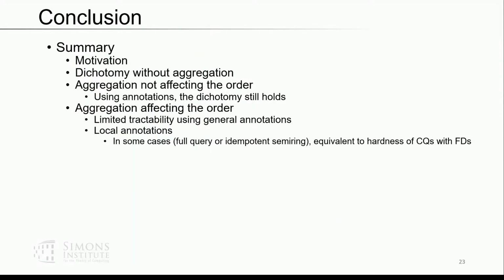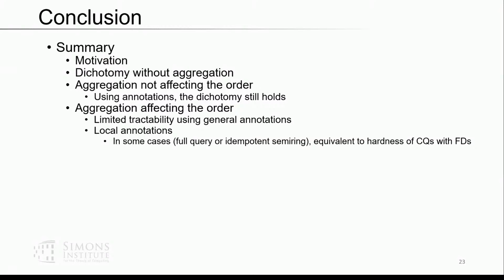Okay, so to conclude, I spent quite some time trying to convince you why I think that ranked direct access is a really cool problem, because it can help you find box plots and histograms and pagination and a lot of other tasks. Then we saw the dichotomy that we have for conjunctive queries without aggregation, and then we used this dichotomy to introduce a similar dichotomy when we also have aggregation, but the aggregation doesn't affect the order.